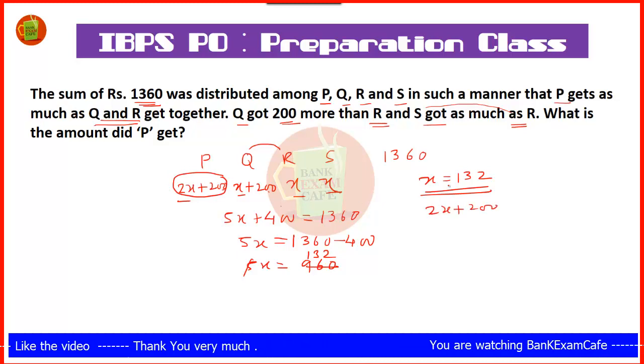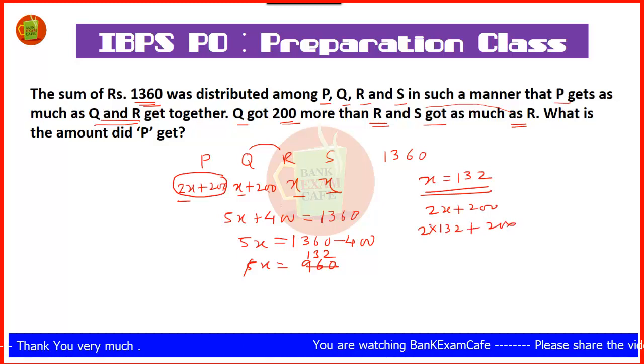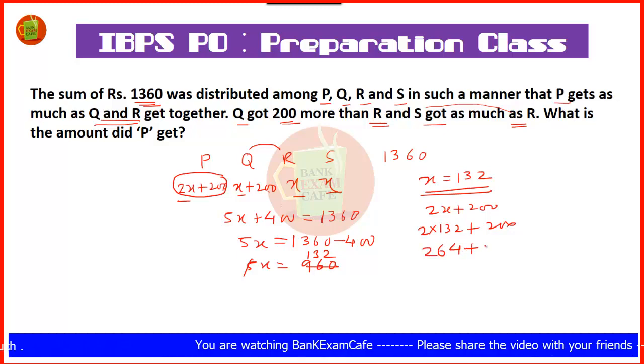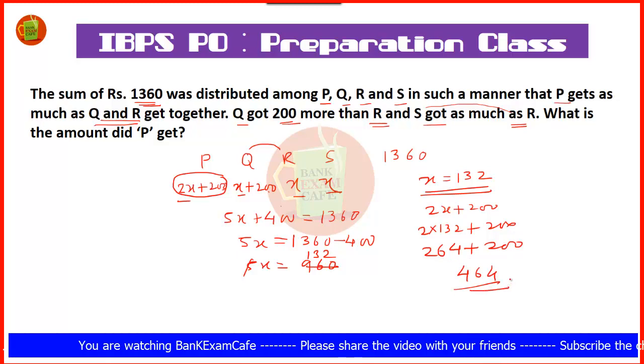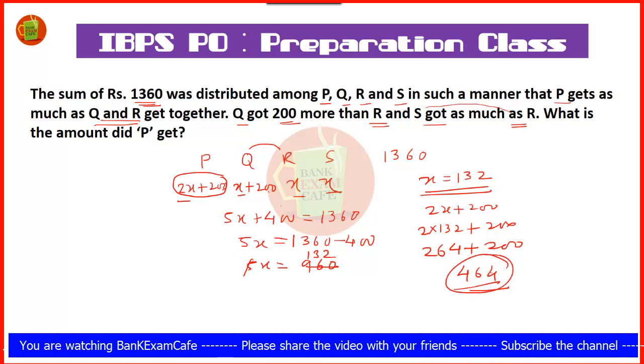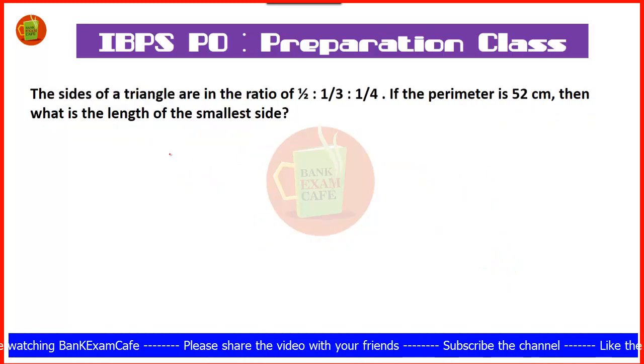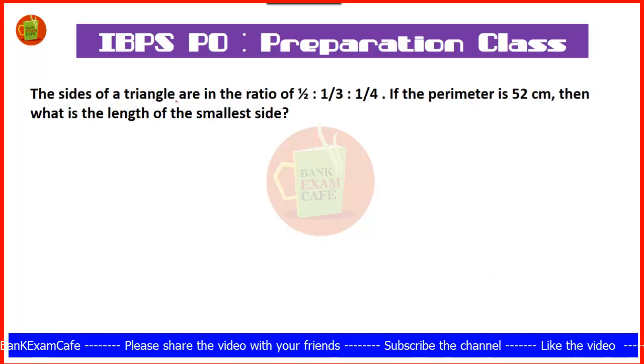P has got 2x plus 200, and so this will be 2 into 132 plus 200. So 2 twos are 4, 2 threes are 6, 2 ones are 2 plus 200, and therefore it will be 464. So P has got rupees 464.